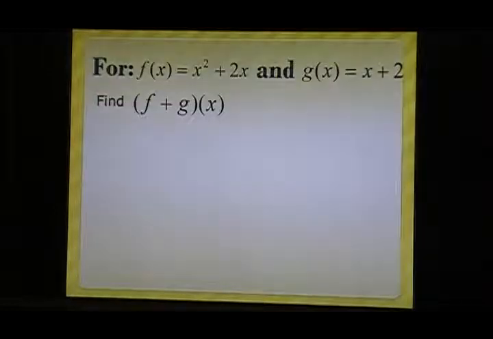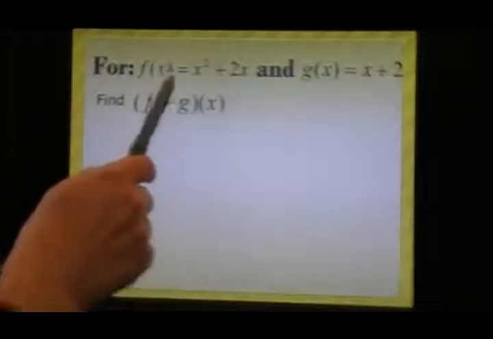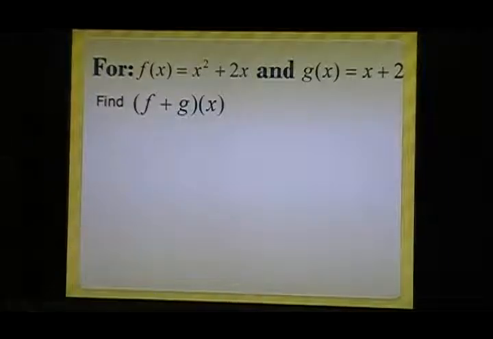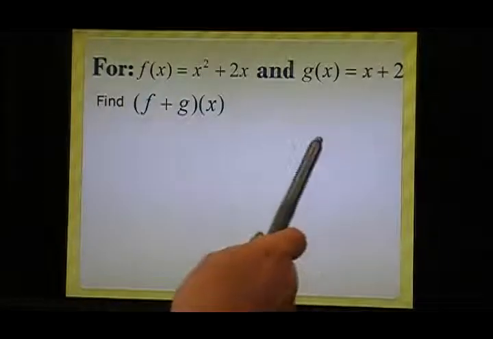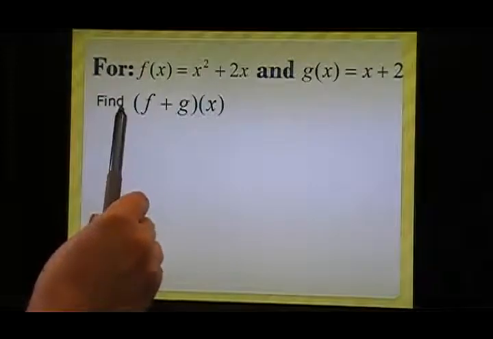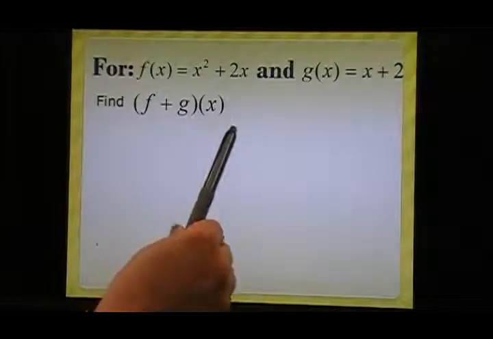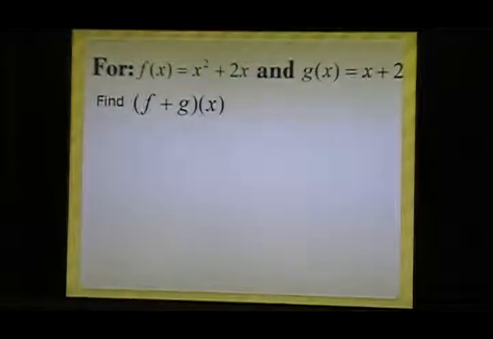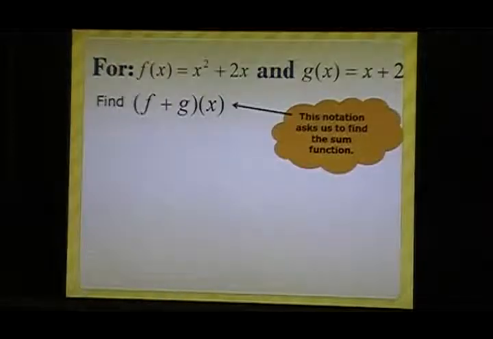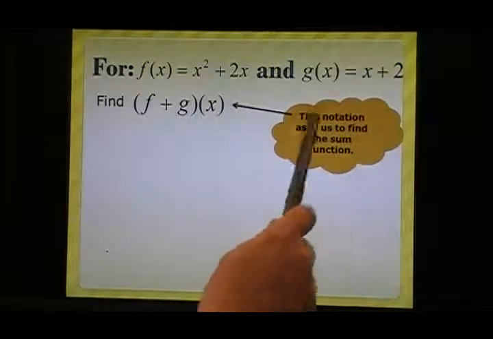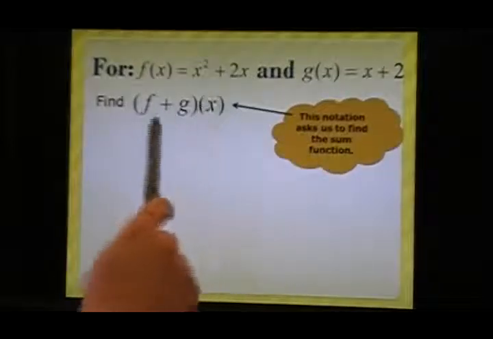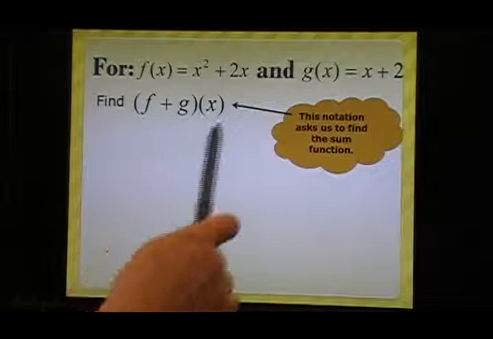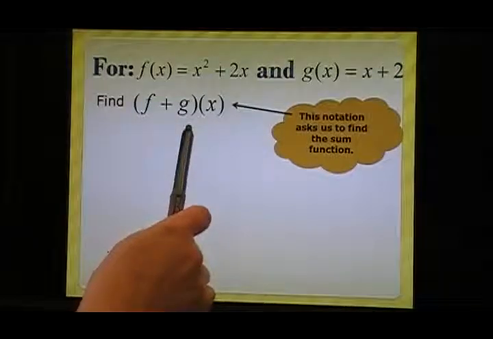So looking at some examples, for f of x equals x squared plus 2x and g of x equals x plus 2, we want to find f plus g of x. So we read that as f plus g of x, and when you see that notation, it asks us to find the sum function.